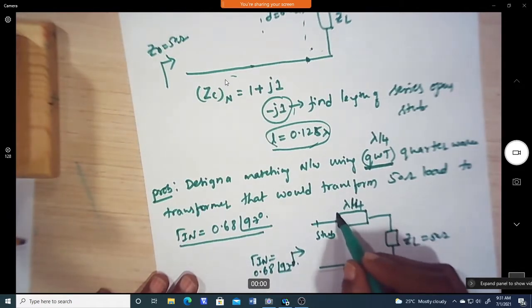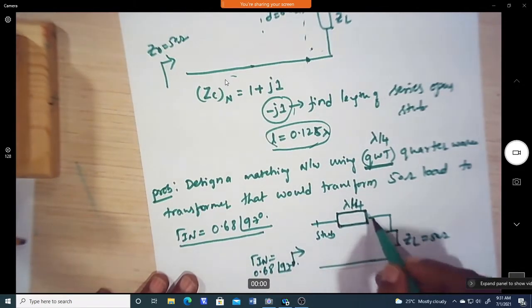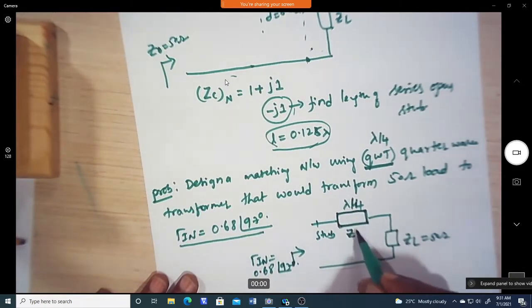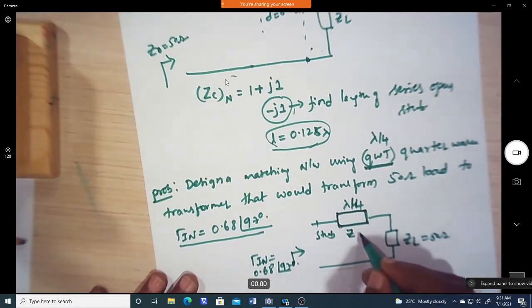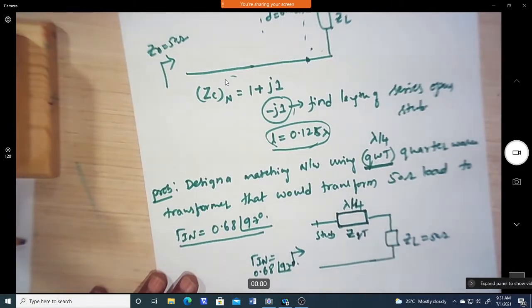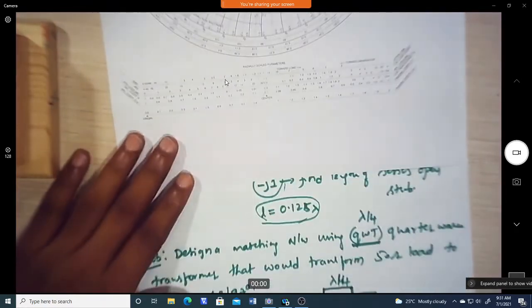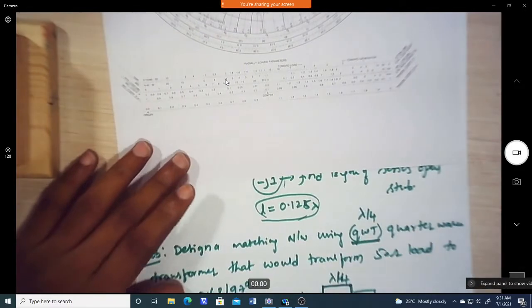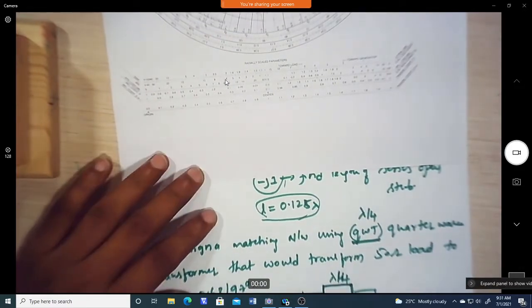Now we use the quarter wave transformer, but we don't know the characteristic impedance of this quarter wave transformer. So now we need to find out what is the characteristic impedance of this quarter wave transformer. That is also very important. Now you can see our load is 50 ohm. The characteristic impedance of the feed line is always 50 ohm.